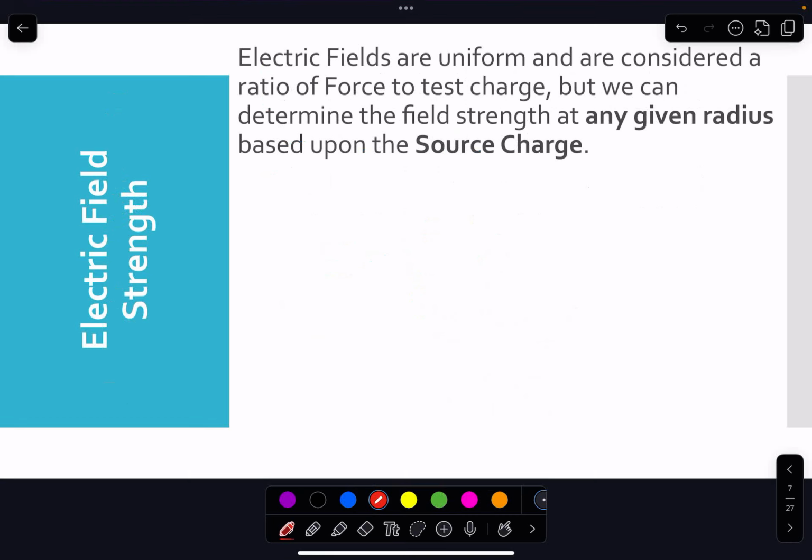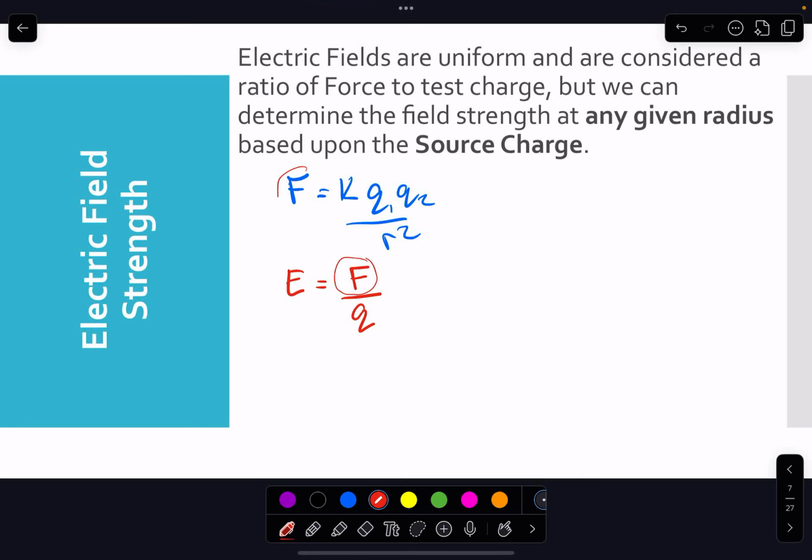All right, so I'm going to derive this for you. If we remember that our electrostatic force is K Q1 Q2 over R squared, right? That is our force. And we know that our electric field is equal to our force per test charge. So what I'm going to do now is for this F here, these are the same F, so I'm going to substitute this into here.